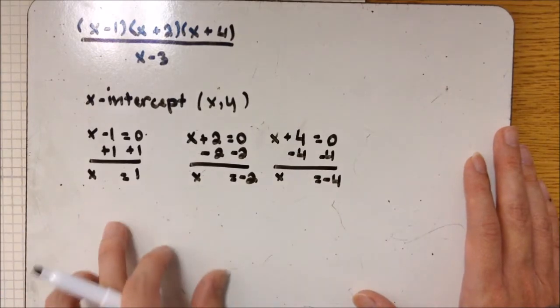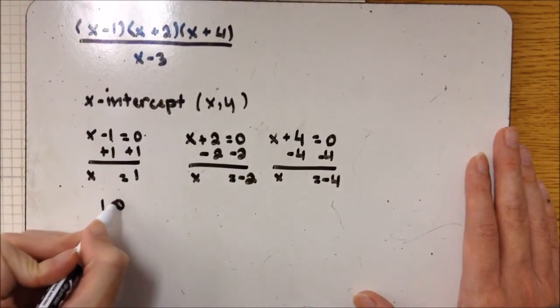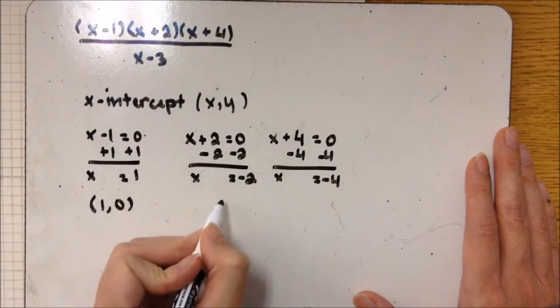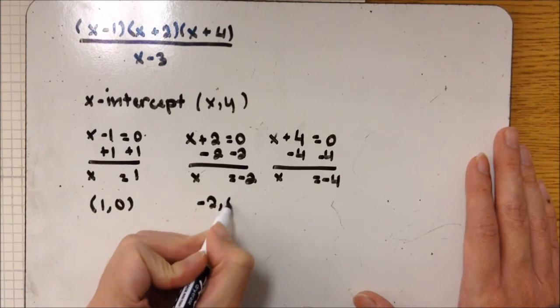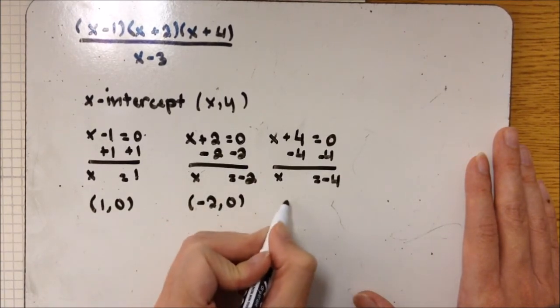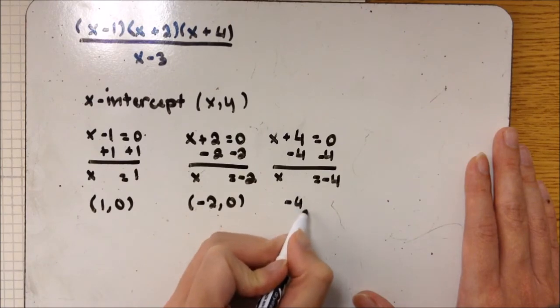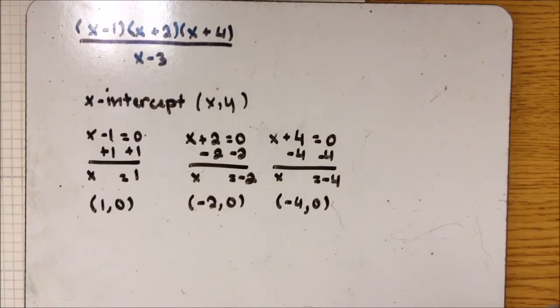So here, our x-intercept is 1, comma 0. Second one, our x is negative 2, so it's negative 2, comma 0. And our last one, x equals negative 4, so it's negative 4, comma 0. So that is our x-intercepts.